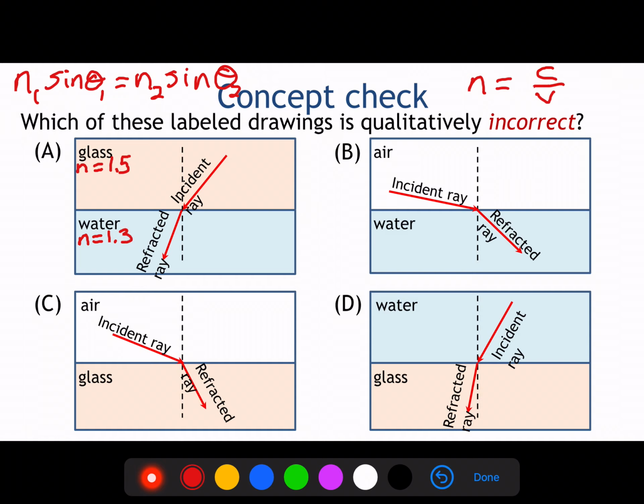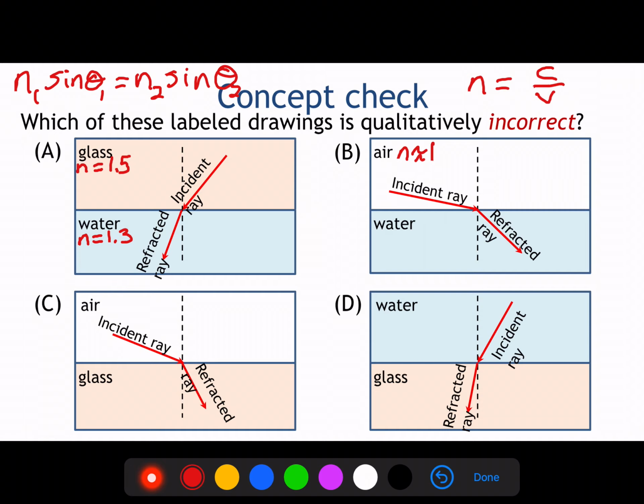Air is approximately 1. Okay, and those are the three substances that we are dealing with. The higher the index of refraction, the slower the light travels in that substance.